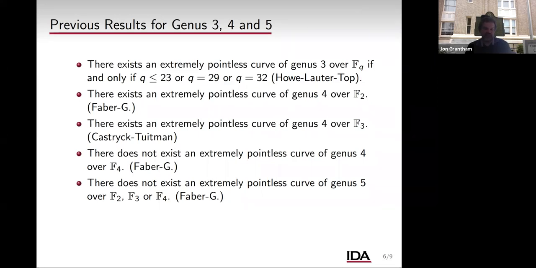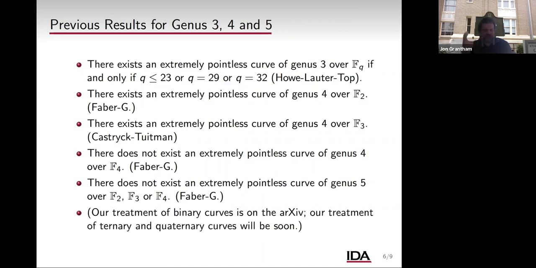So in our second paper, where we were looking at ternary and quaternary curves, we ruled out a pointless curve of genus 4 over F4. And again, in the course of both papers, we ruled out any for genus 5.